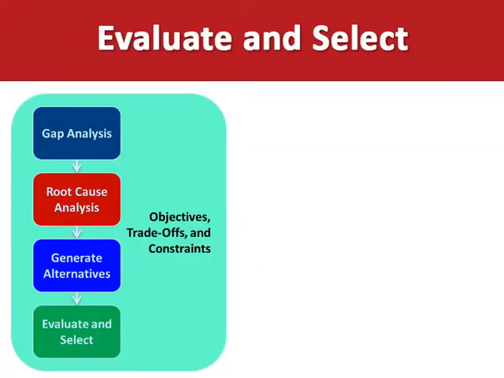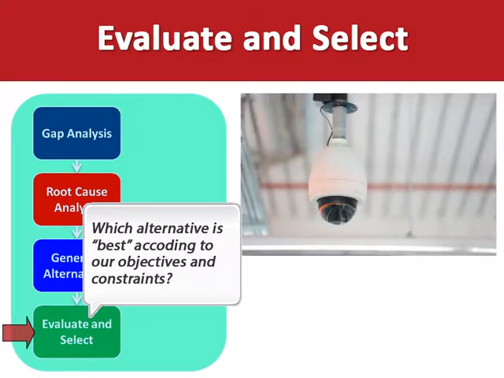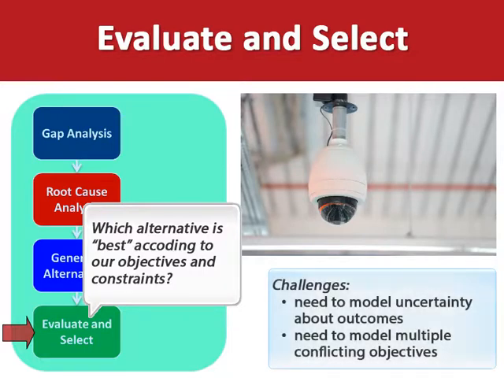The final step of the decision process is to evaluate and select. And what that means is we take each one of our alternatives, we model it, we generate some kind of quality score, and then we just rank the alternatives from best to worst and pick the best. Now, the obvious challenge with this is around the modeling.